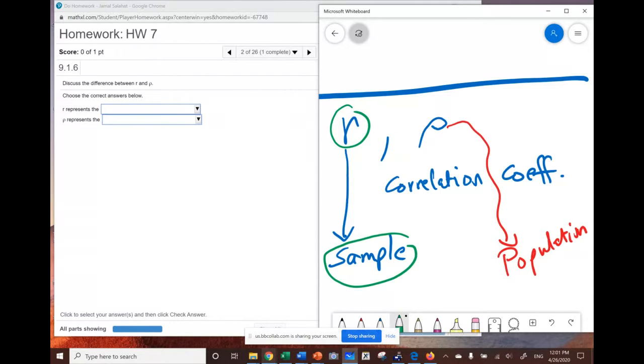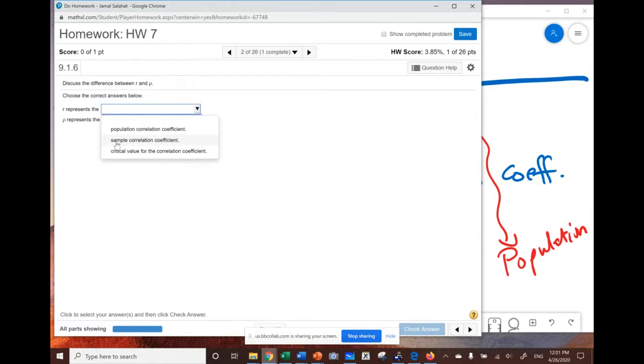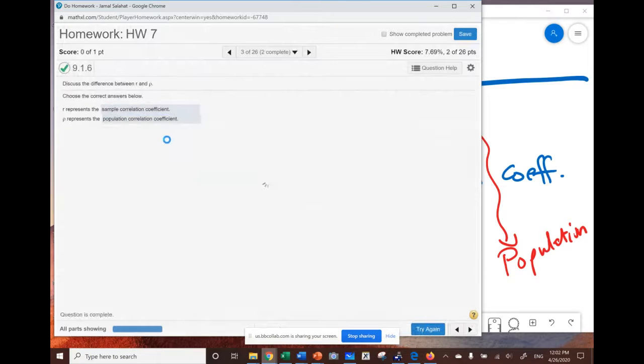I can really survey all 50 homes and compare their price to the size of the home. In this case, I'm coming up with rho. So R represents the sample correlation coefficient, and rho represents the population correlation coefficient. We're not talking about critical values in here. So we'll check, and that's the correct answer.